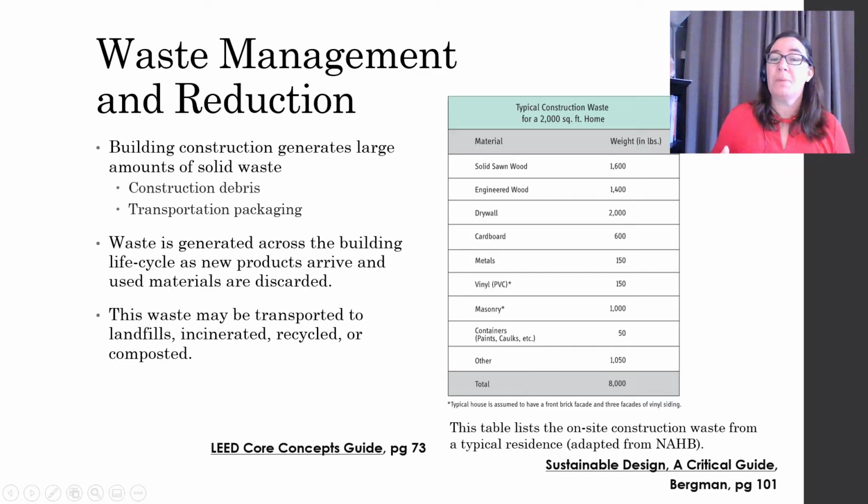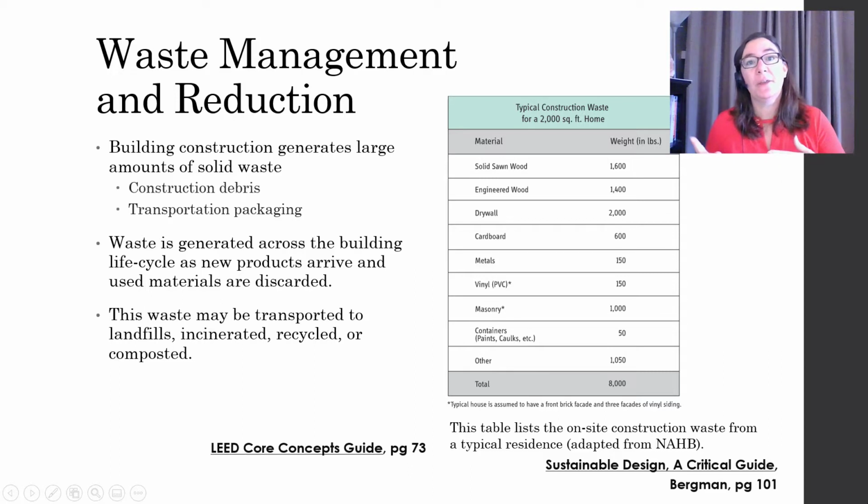Another large piece of this is transportation packaging. Every material that gets delivered to your site wrapped up in plastic or enclosed in a box or located on a pallet, all of that packaging adds up.